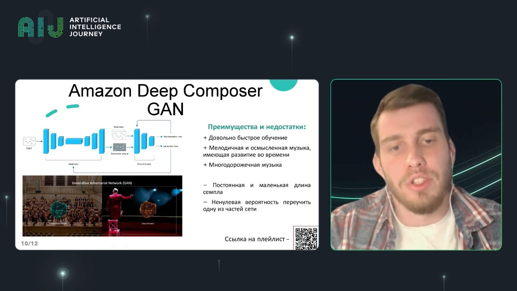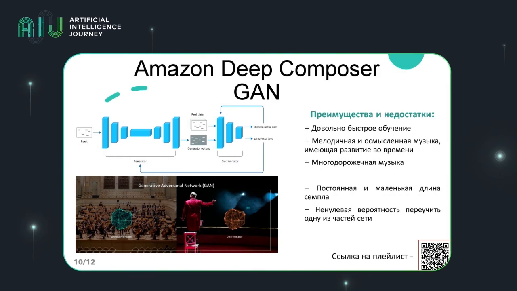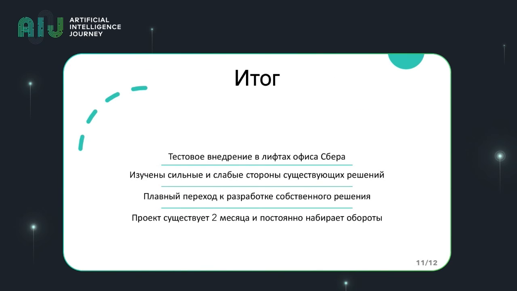If we train fast, we will get unpleasant musical compositions. But if we train slowly and spend some time setting the parameters, then the result will most probably be indistinguishable from what an ordinary person might compose.